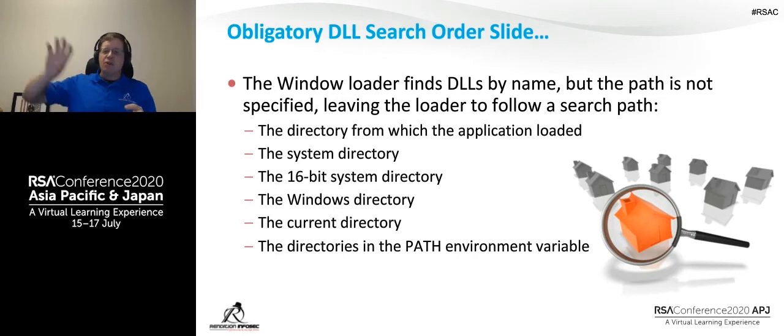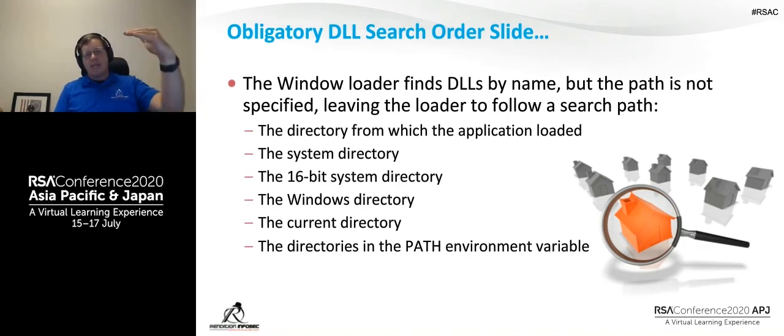I suspect that if you could roll back 30 years in history, maybe a little bit older than 30 years, and go back to Microsoft and say, hey, are you sure you want to do that? I think they're going to tell you no. I think they're going to say, we probably should have put the full path for the DLL. Now, there are some benefits to not having the full path. I don't have time to get into some of the compatibility benefits and whatnot.